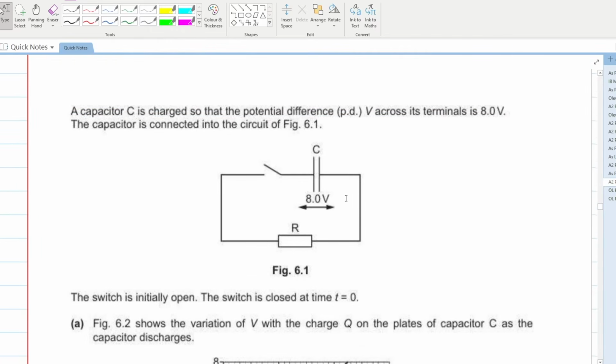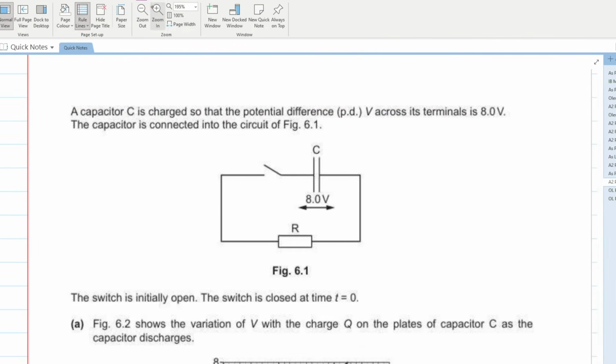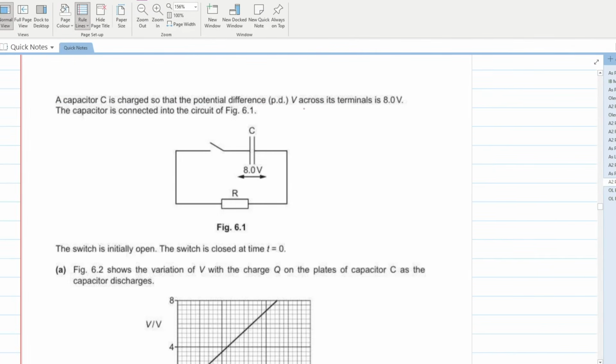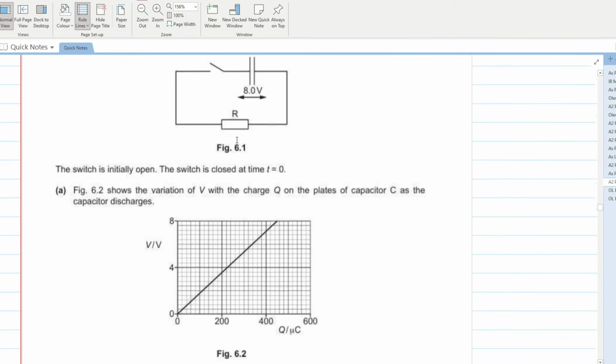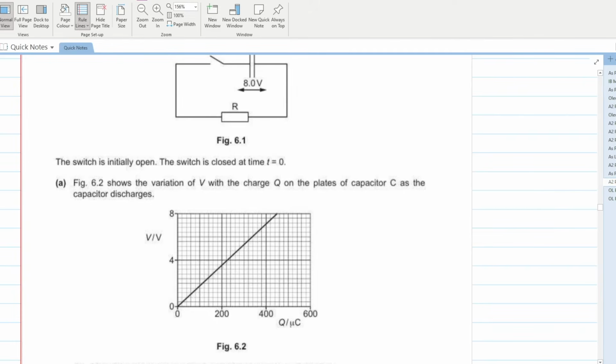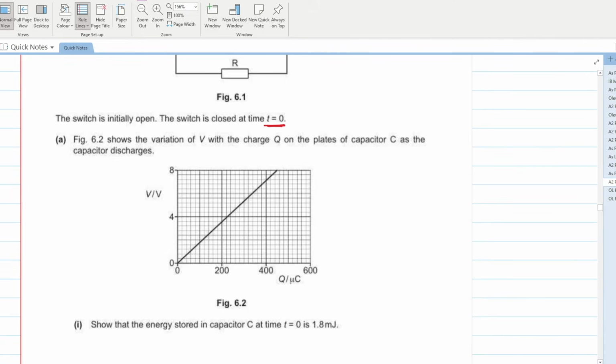Let's further move ahead. A capacitor is charged so that the potential difference V across its terminal is 8 volts. The capacitor is connected into the circuit of figure 6.1. The switch is initially open. The switch is closed at time t is equals to 0 second. Figure 6.2 shows the variation of voltage with charge on the plates of capacitor C as the capacitor discharges.